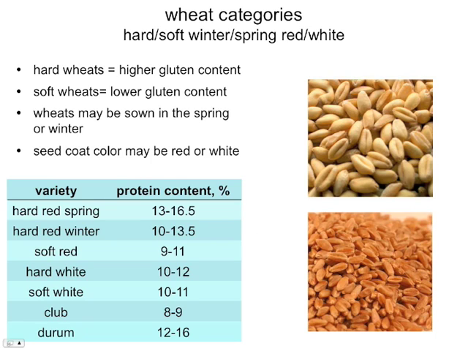Here's just a list of the protein concentration in these various varieties of wheat, and you see that they range from 8 or 9% on the low end up to over 15%. Durum wheat is very high in glutens as well, and that is one reason that it's so important in noodle making, which we'll see again a little bit later in a video I have to show you.